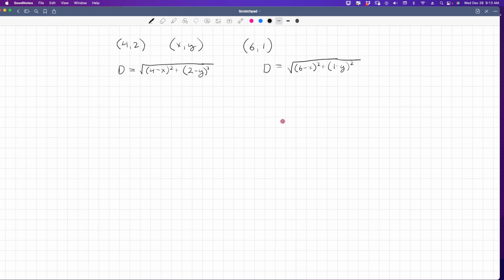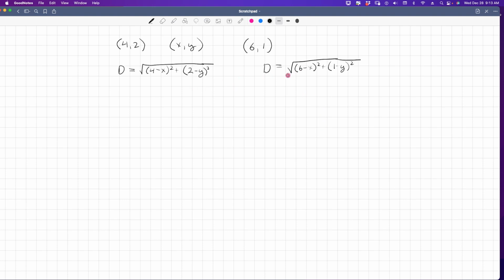What if we want to make sure that those 2 distances are equal? We're finding this unknown point in between that is exactly halfway, or the midpoint between those 2. That is what's going to tell us the location of that line that is equidistant between those 2 points.